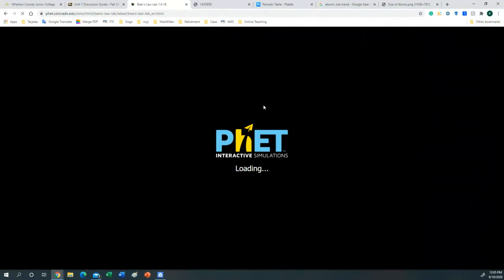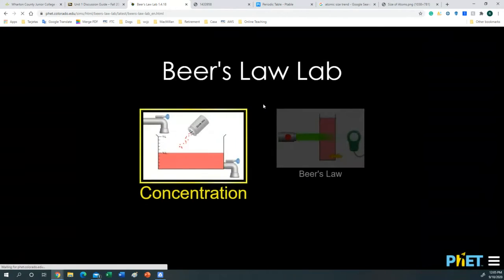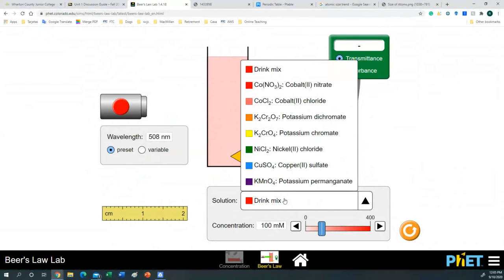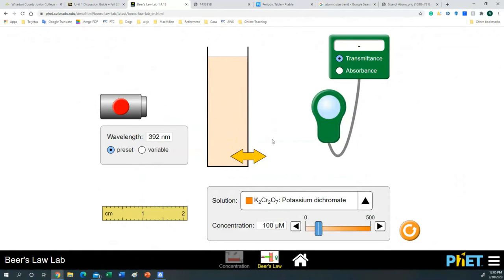That means over here, hold on, my computer is not the fastest, but eventually, okay. So it says choose at least 3 of these. So for example, I'm gonna choose that one. I'm gonna click here to turn the beam of light on, and I have to record the absorbance. So this is the value you're gonna record for potassium dichromate, okay? And then you have to do that, I think three times, no?